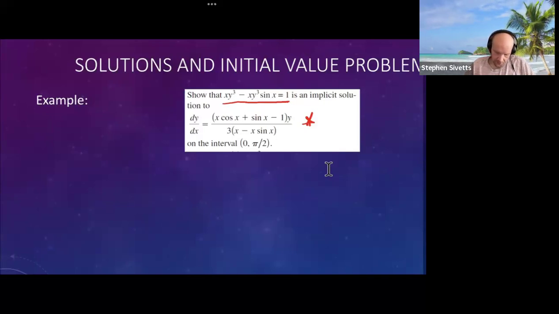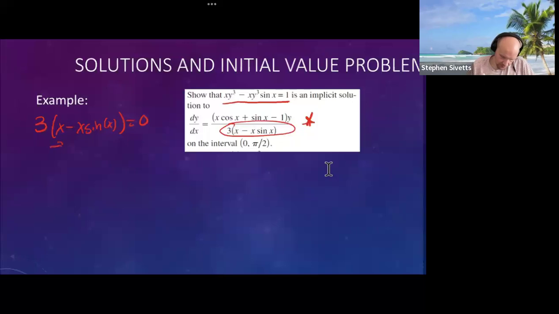And if you solve the denominator equal to 0, right, you get clearly those values, right? So x minus x sine x is 0, which means that x is 0, or 1 minus sine x is 0, okay?